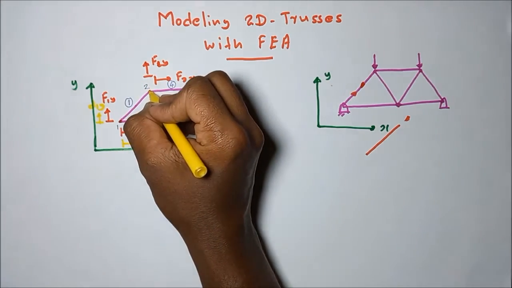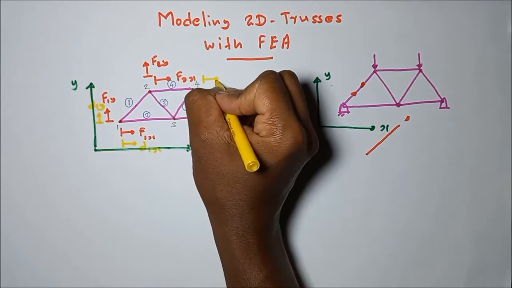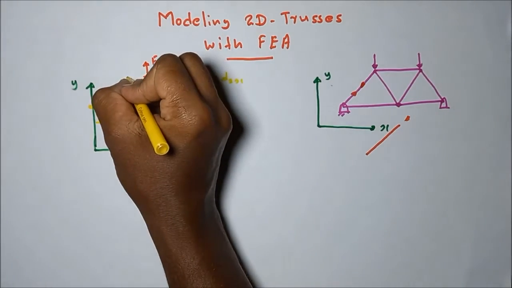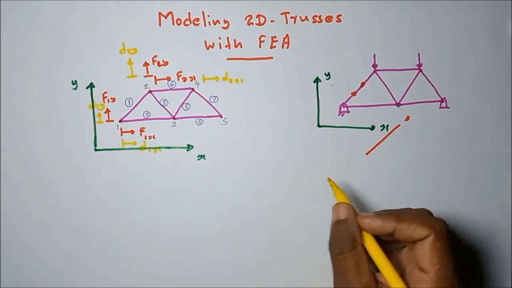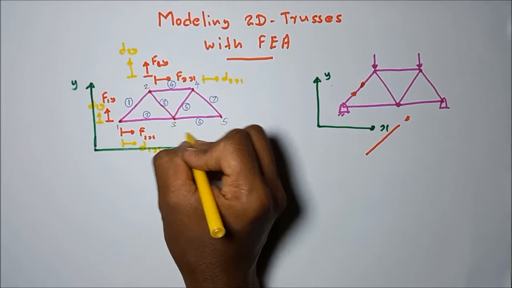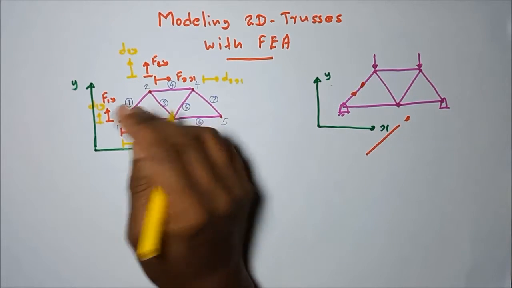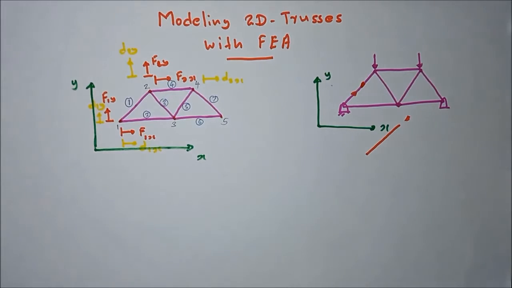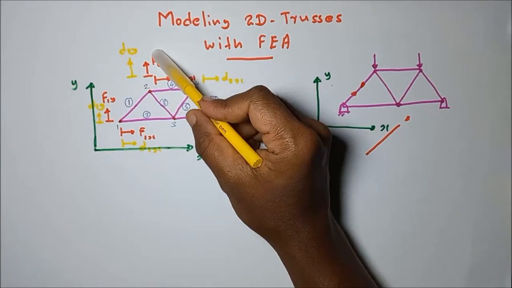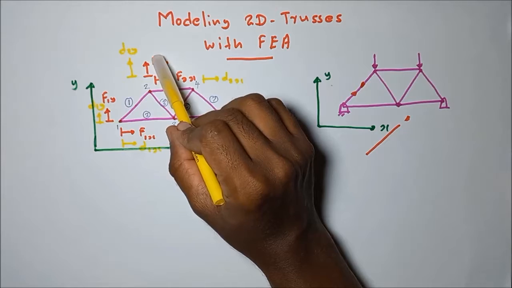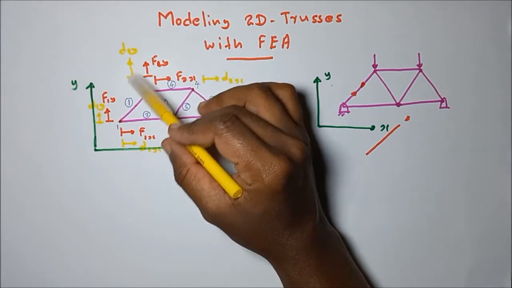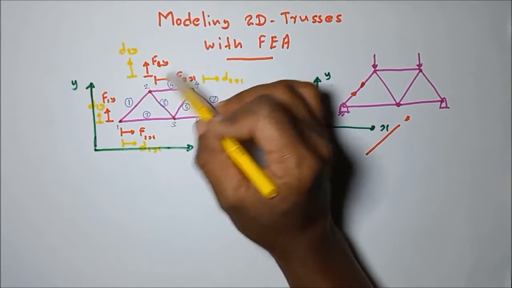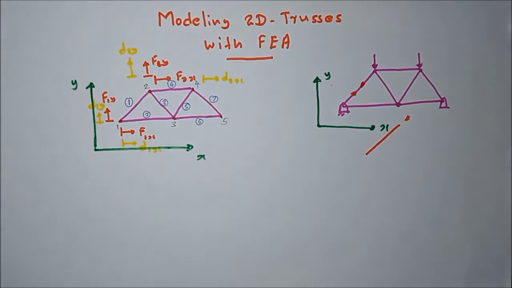Similarly, for node 2 we mark d2x and d2y, and for node 3, d3x and d3y. According to the global coordinate system, we can mark all the forces acting on the structure and the nodal displacements in this manner. I think you all got a clearer idea about that.